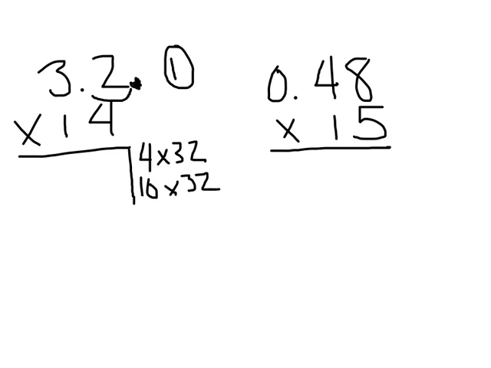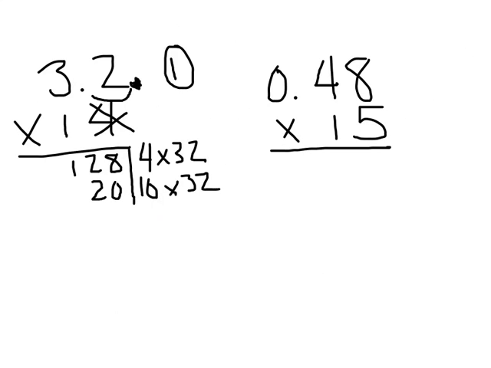I'll start. What's 4 times 2? It's 8. Now I'm going to multiply 4 times 3. What's 4 times 3? It's 12. I'm finished in the ones place, so what should I do next? I need to drop a 0 because 1 is in the tens place. What's 1 times 2? It's 2.